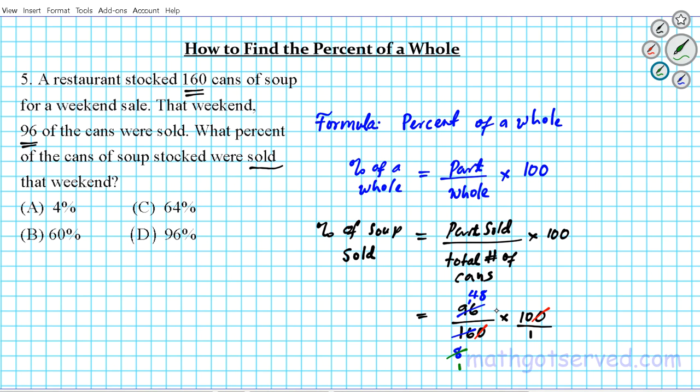So 8 goes into 8 once, and 8 goes into 48 6 times. Then you just multiply across. 6 times 10 is 60, and 1 times 1 is 1. So your answer is going to be 60%. So 60% of the canned soup stocked were sold. The answer to question number 5 is option letter B.